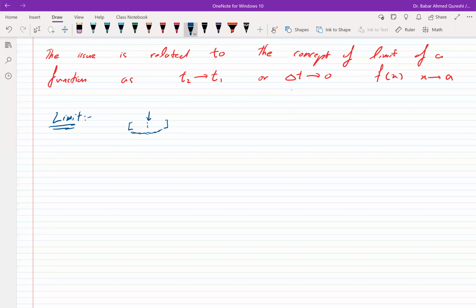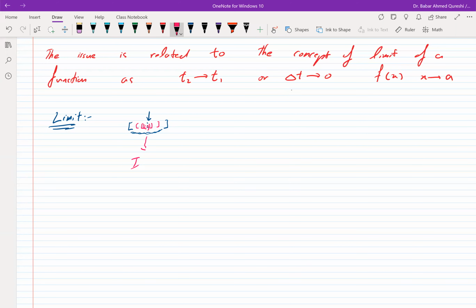If I make delta t smaller, the margin becomes even smaller. I make delta t more small, the margin becomes smaller. I never take delta t to be equal to 0, but as I make delta t smaller and smaller, I'm converging on my initial guess.